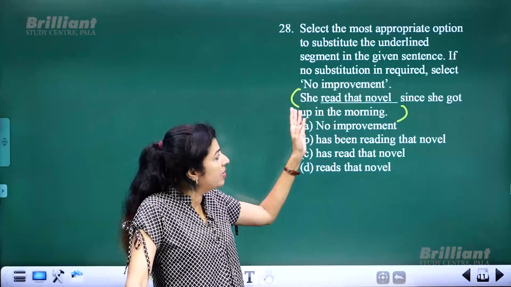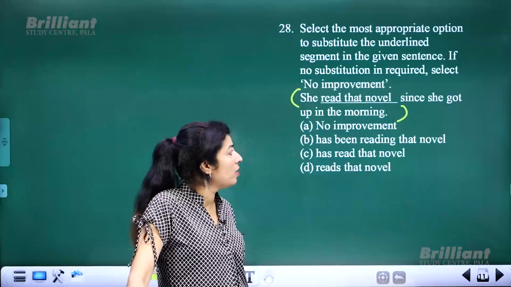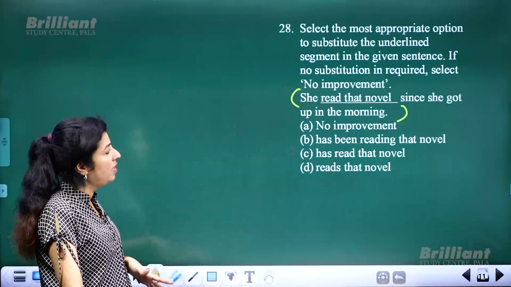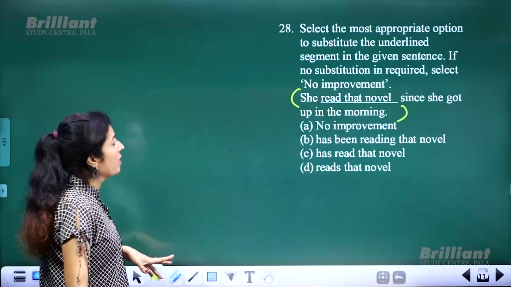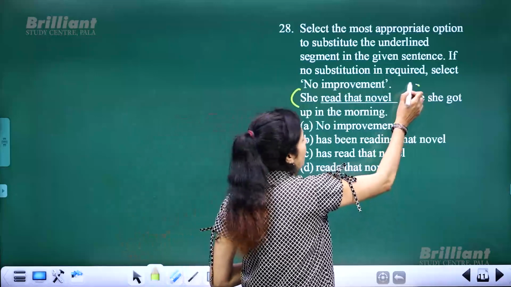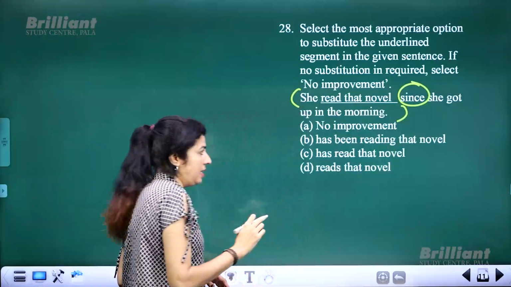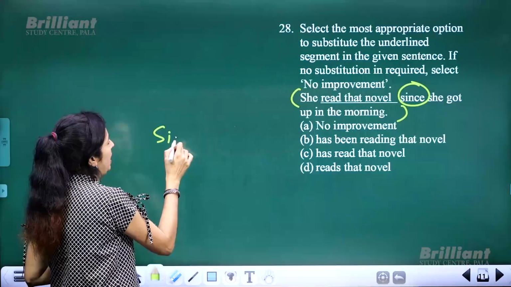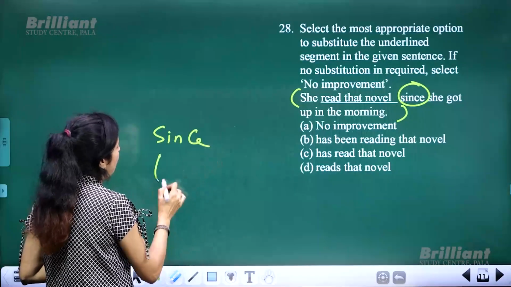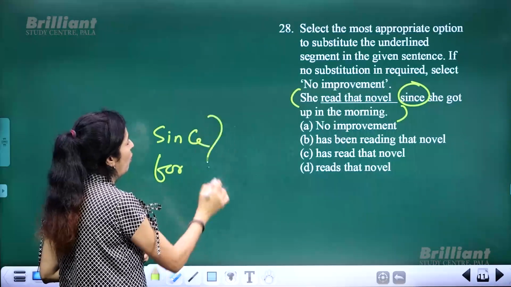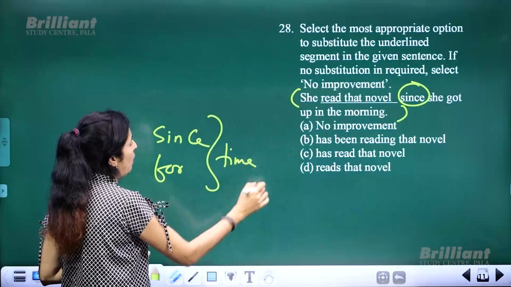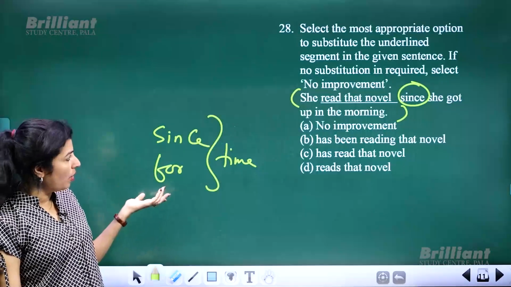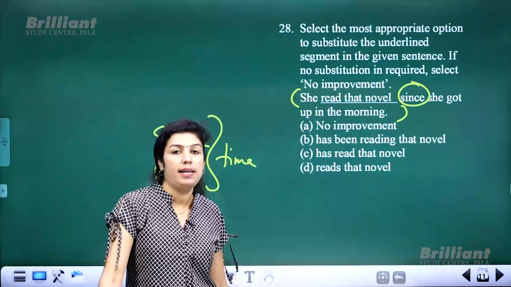She read that novel, because both read and read have the same spelling, right? So she read that novel since she got up in the morning. Whichever way you pronounce it, this is the wrong sentence. Why? Because we have discussed this point so many times that whenever we have a point of time, that is since, or a period of time, that is for, be it since or for, what should be the tense?